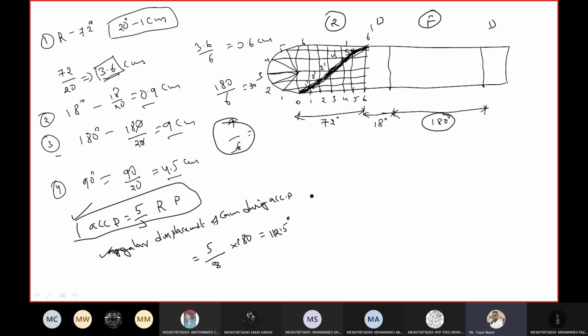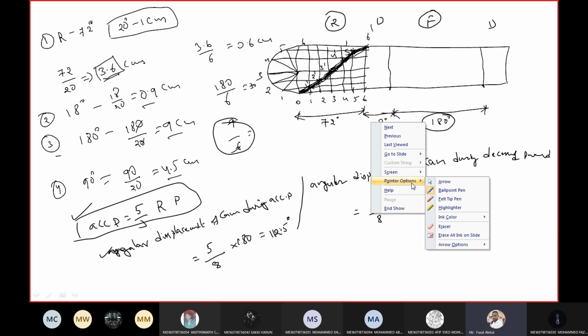Now again another angular displacement of the cam during the descent period. During the descent period, that is 5 by 8. Sorry, there is no need to calculate again. Easily we can calculate.